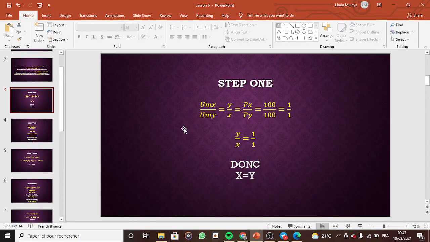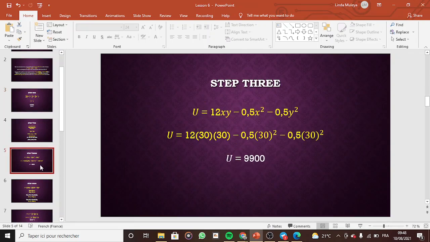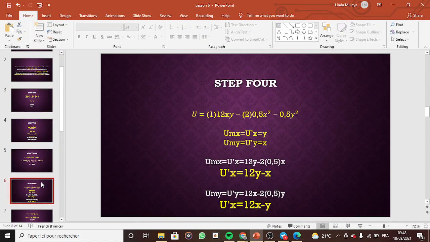In the first method, you use your prices 100 over 100, which is 1 over 1, and you equate them to y over x. And once you do this, you will easily find the value x is equal to y. That's the easy part. But the second formula, you will now use your total utility formula to come to the same conclusion of x is equal to y or y is equal to x by using derivatives.